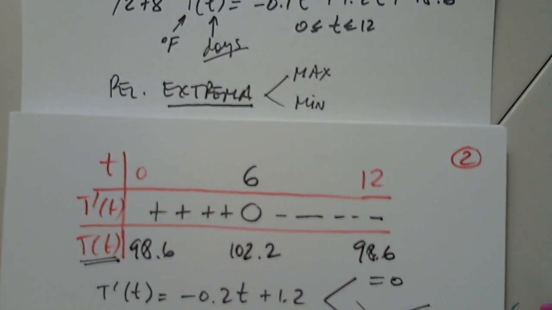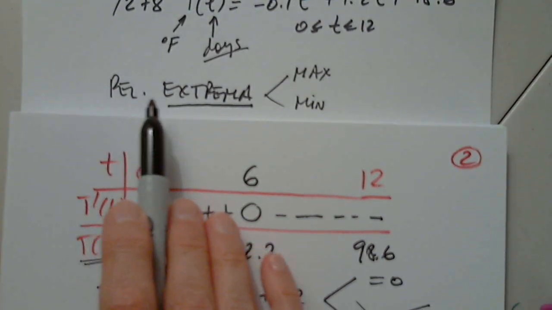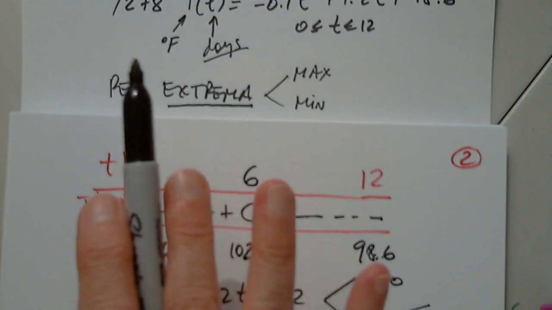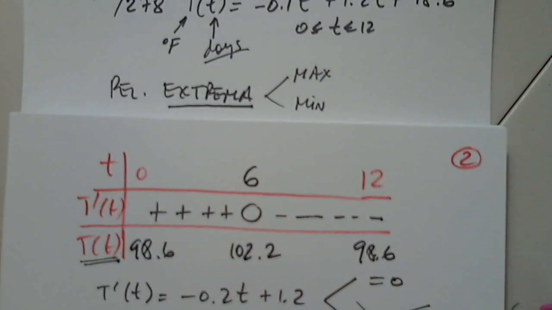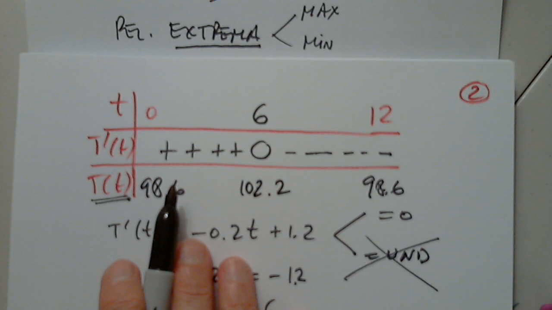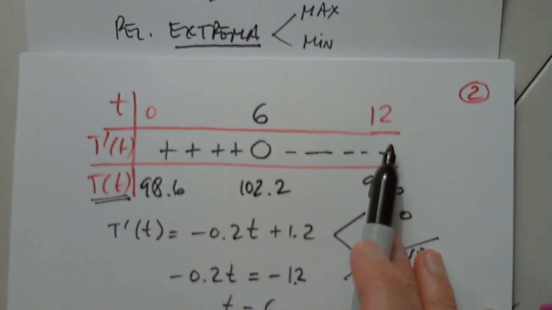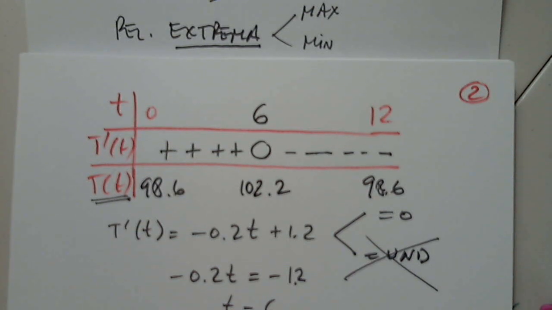So at this point, they're asking us to find a relative extrema. I need to explain one very important thing. If I have, for example, this function, as you see it here, it starts at a point, it ends at a point. In other words, it does not go on forever.